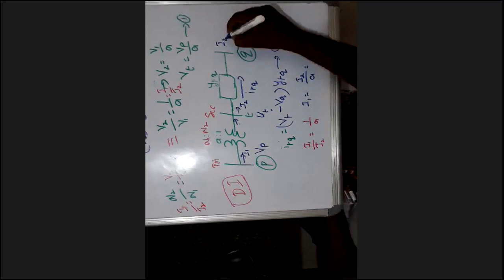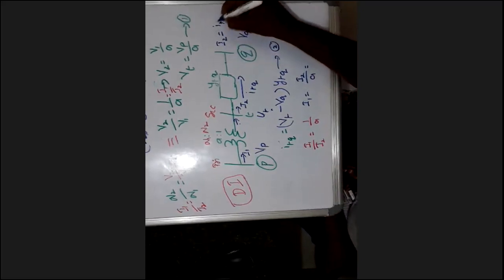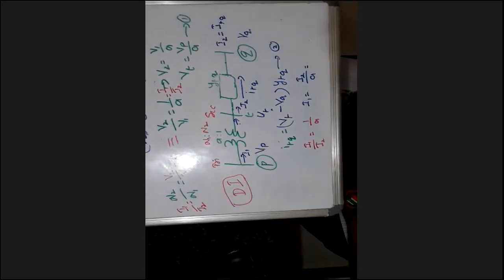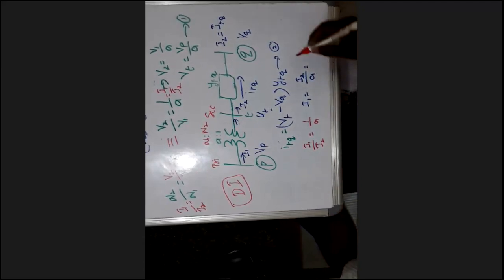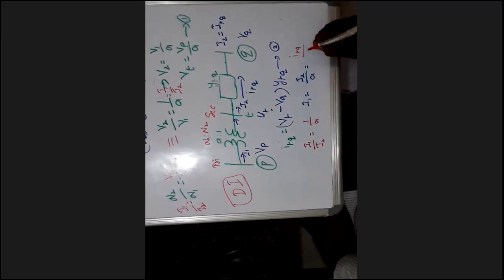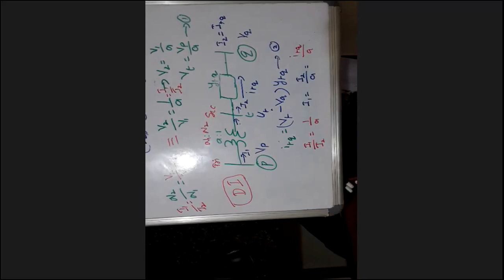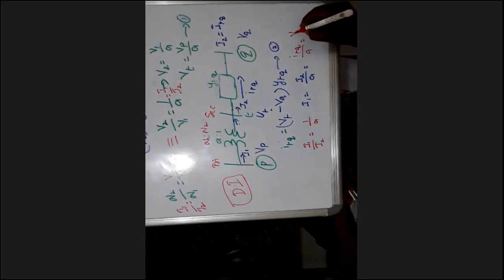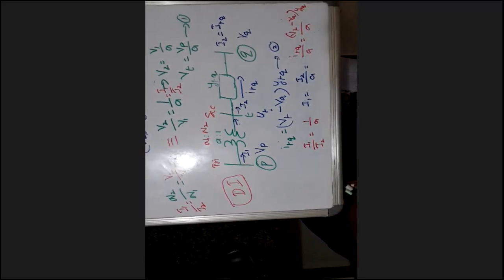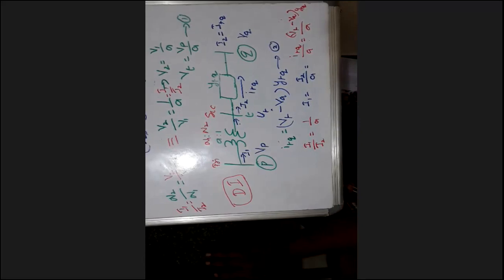Here you see that I2 is equals to ITQ. So therefore, I am writing here ITQ by A, which is equals to VT minus VQ by A into YTQ. Right. Thank you.